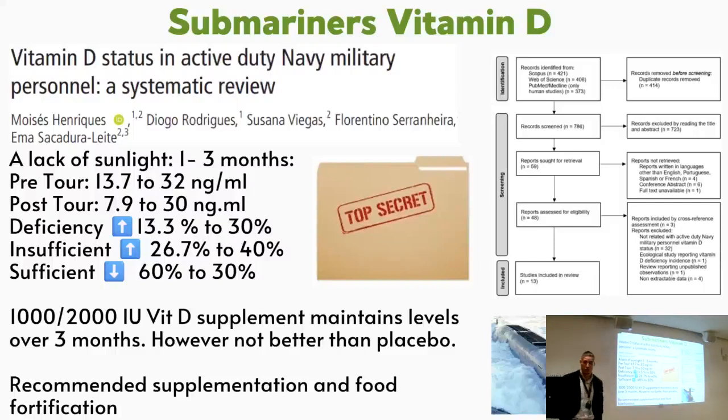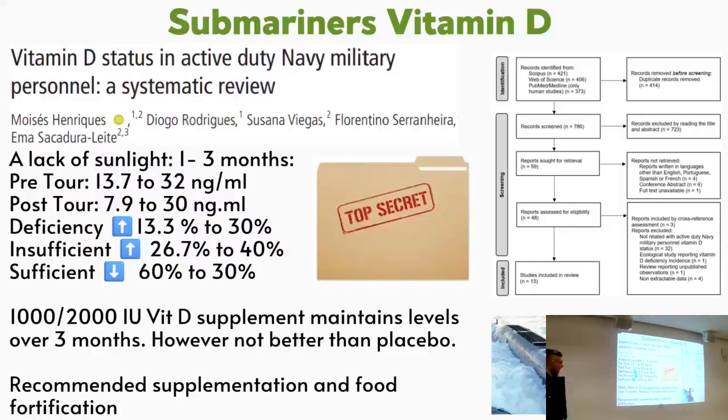Interestingly, one of these studies supplemented with vitamin D, 1,000 to 2,000 IU, which was our standard protocol for people who are deficient in vitamin D after the loading phase. They did it for 3 months. It seemed to be quite useful for maintaining people's levels. However, not really any better than a placebo, believe it or not. So, that's what it finds.